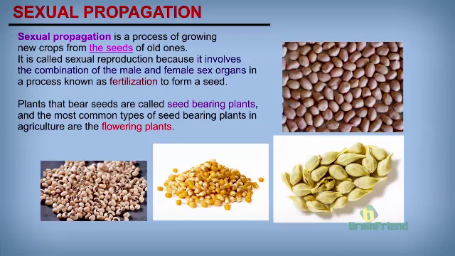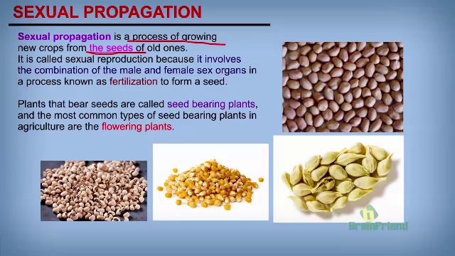Let's take a look at the different types of propagation. The first one, sexual propagation. This is the process of growing new crops from the seeds of an old crop. They plant the seeds in the soil in order for new crops to grow forth.